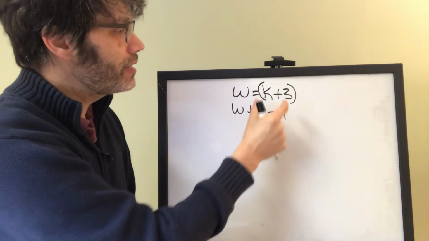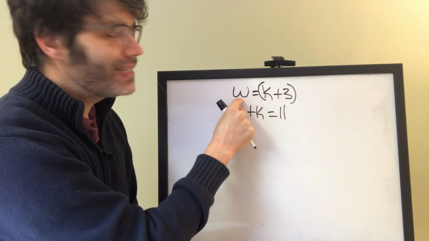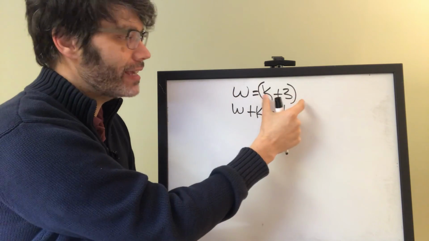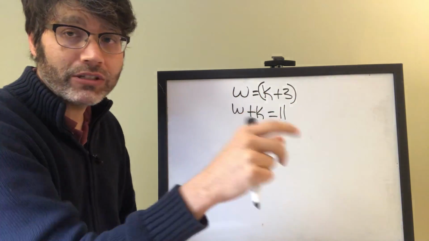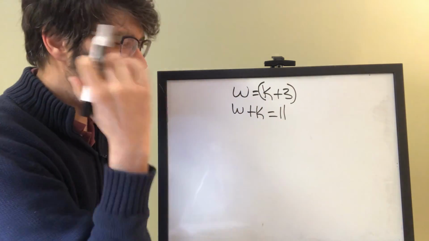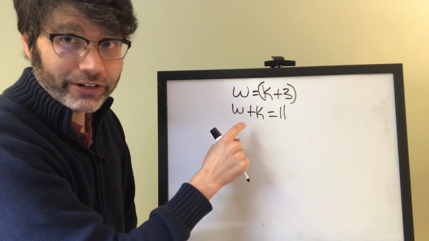That parentheses is a really good visual way of saying w is the same thing as this package over here. And so packages are really easy to visualize when we are substituting for a particular variable.